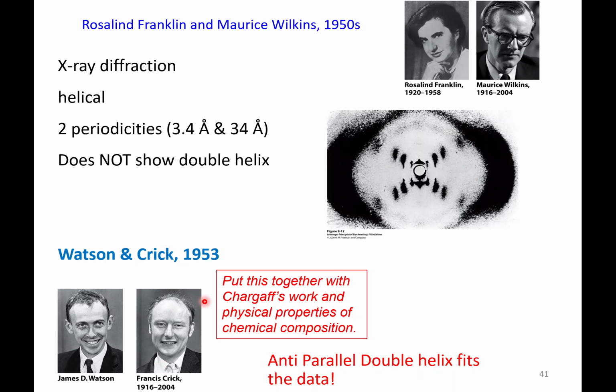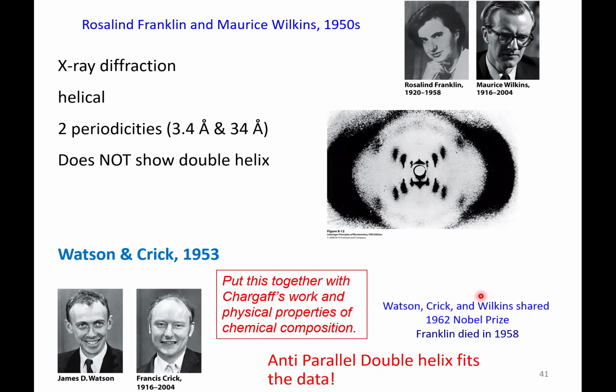Watson and Crick really were the ones that came up with the idea of the double helix, and that's because they took the work done by Rosalind Franklin and Wilkins and put it together with Chargaff's rules and came up with this idea of an anti-parallel double helix, and it fit the data.